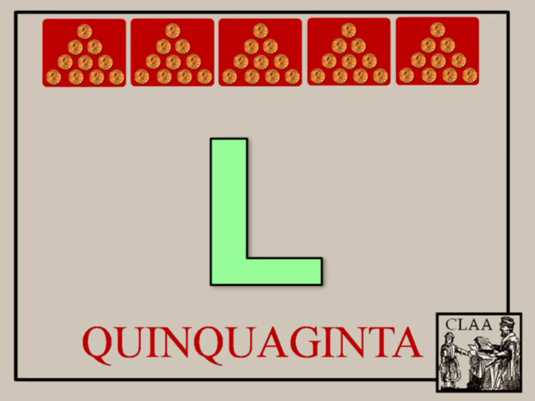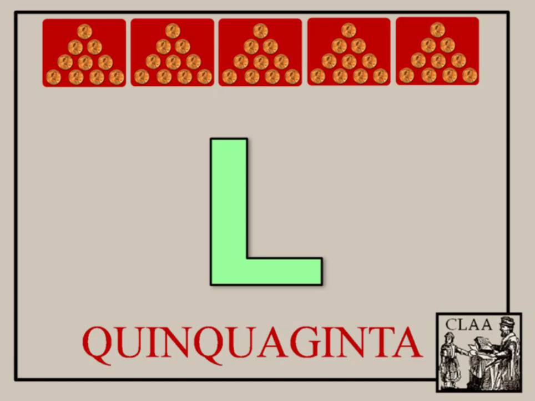You may have noticed that the symbol for quadraginta was made up of an X and an L. That L is a new Roman numeral that we haven't seen before. The Roman numeral L is the symbol for quinquaginta.